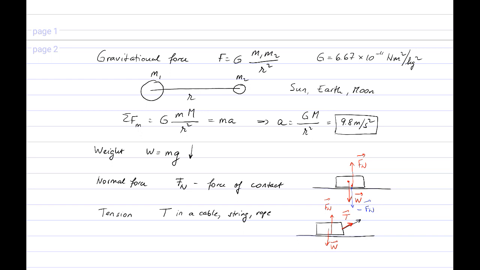So it looks like the normal force and the weight are both along the y direction, but the tension force is at some angle. So the tension force is not in either x or y, so we have to break it up into components.